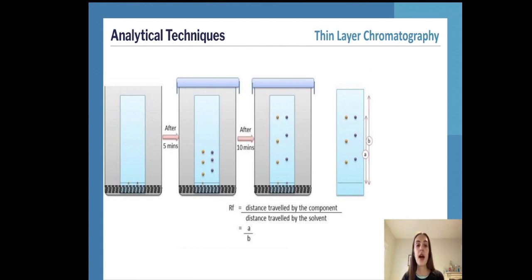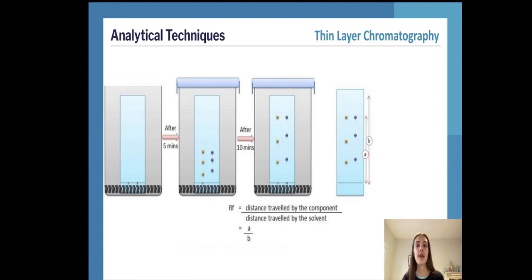Then what happens is, as the mobile phase is pulled up through the plate through capillary action, because there are fine little pores through the solid phase, the liquid can be pulled up. The sample which you've put onto that 1 centimeter line on the stationary phase is pulled up along as well, at different rates depending on the polarity of each of those different molecules.